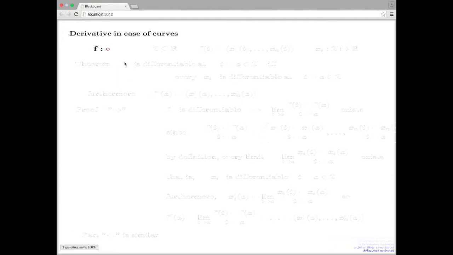So here's my setting. I have a function which is given on the interval. Function given by components. It's the same setting you saw on the other slide. Each of these components is an individual numerical function.